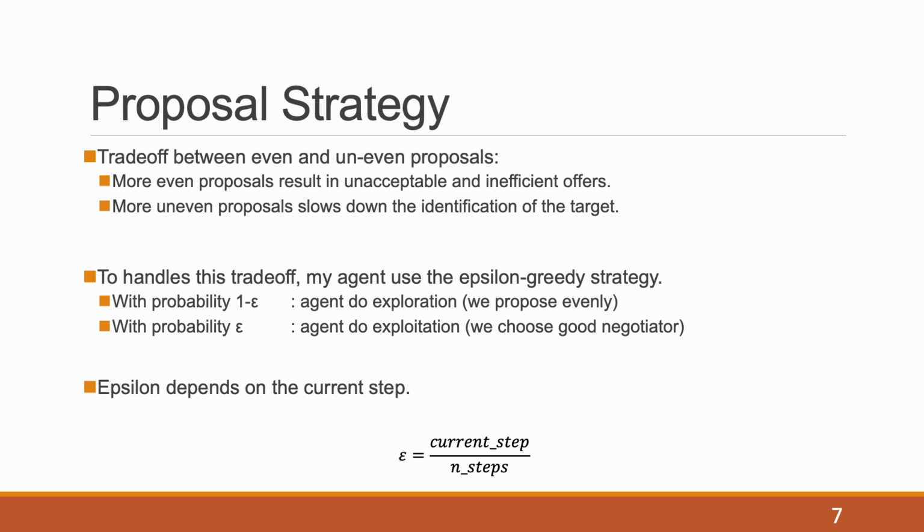We do exploration with probability epsilon, and we do exploitation with probability 1 minus epsilon. Epsilon varies according to this equation.